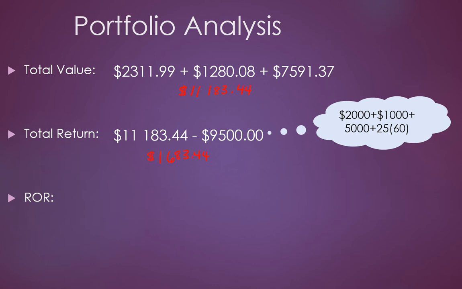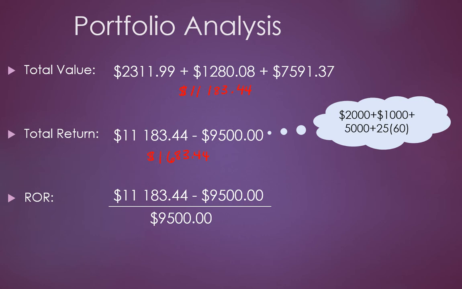Her rate of return. Your rate of return is found by taking your total return, this, divided by what you originally put in, the $9,500. So this is going to be 1,683.44 divided by 9,500.